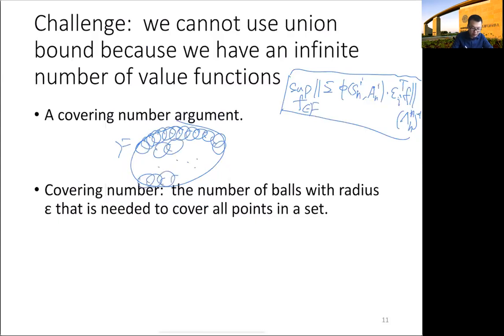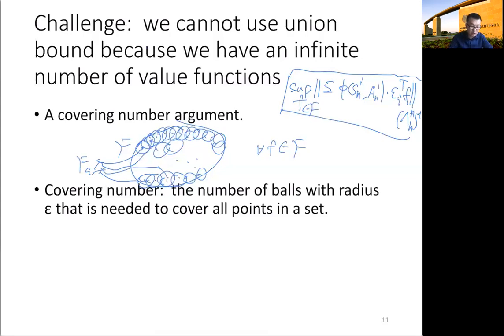After we construct these balls, we take all the centers of these balls and collect them into a new set called f epsilon. Okay, so f epsilon is a finite set.